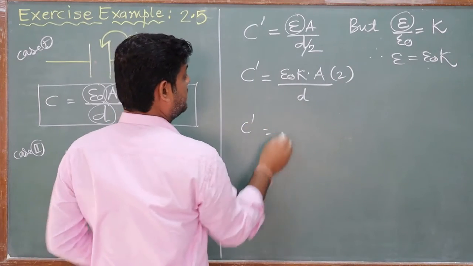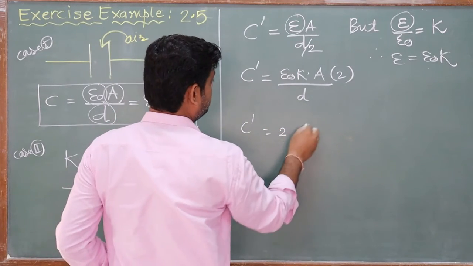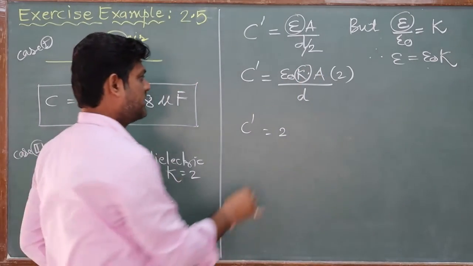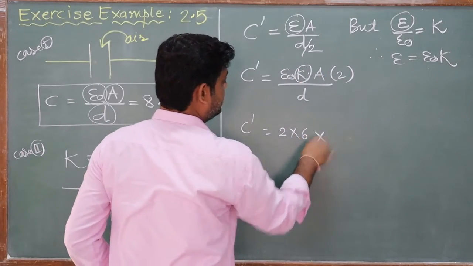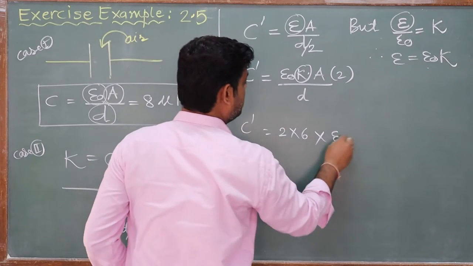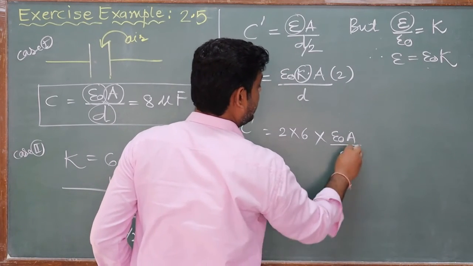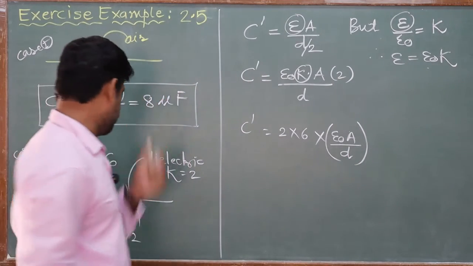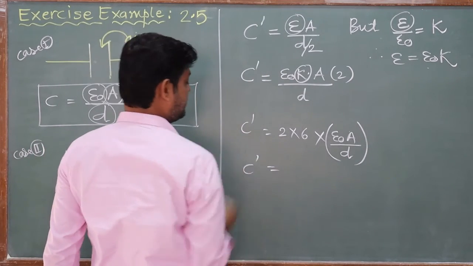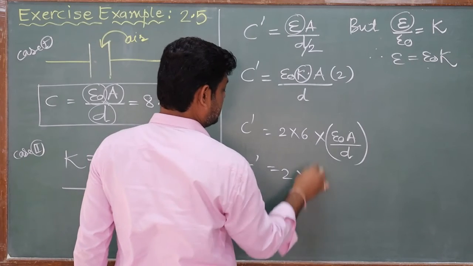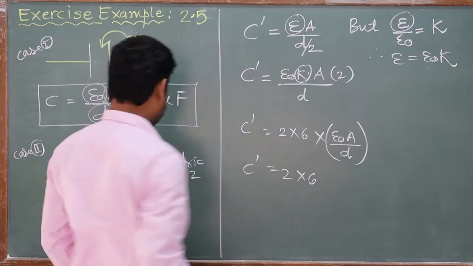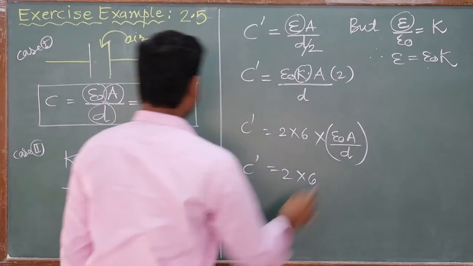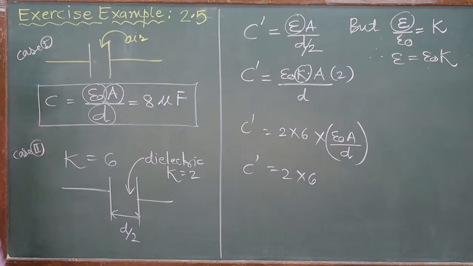So C dash equal to 2, instead of K we will write 6, right? 2 into 6 into epsilon 0 A by D. But we know the value of epsilon 0 A by D. By putting the value, you will get C dash equal to 2 as it is, and instead of K we write 6. Epsilon 0 A by D is given, that is 8 microfarad.